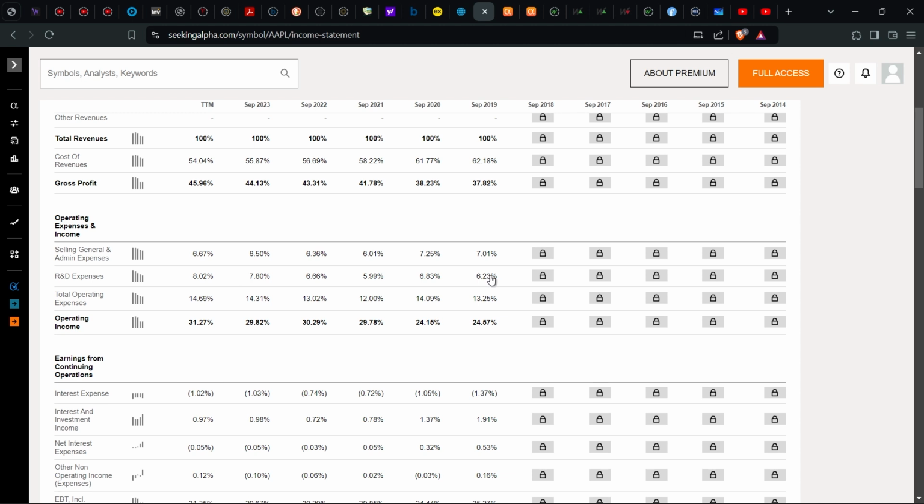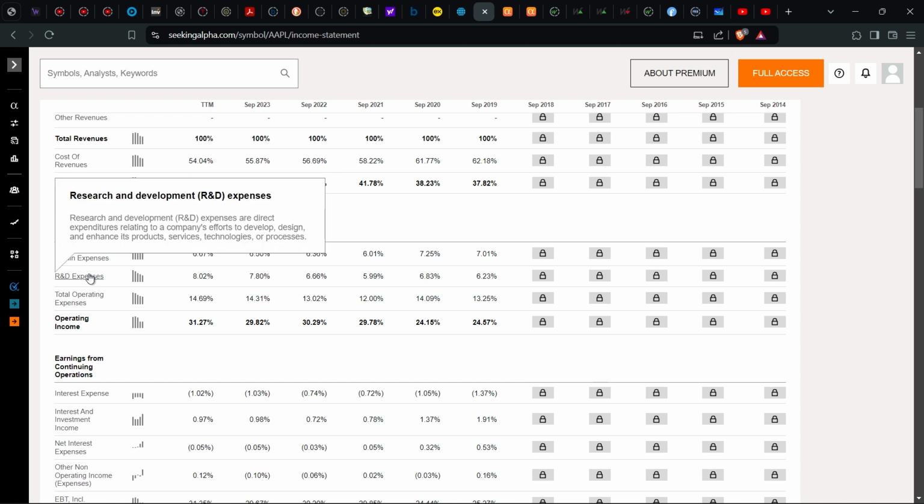You can see the spending on R&D has been increasing over time, the spending as a percentage of the revenue, meaning in 2019 they were only spending $6 out of every $100 in revenue to research and develop new products. For Apple, there is the Vision Pro thing that they have been working on.